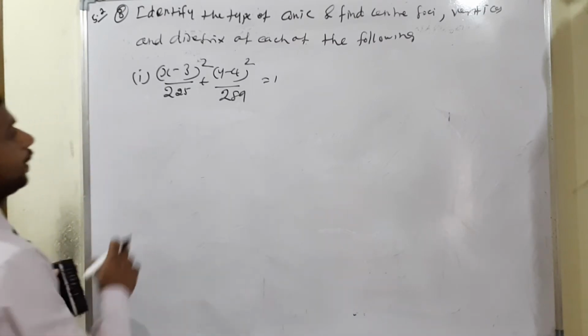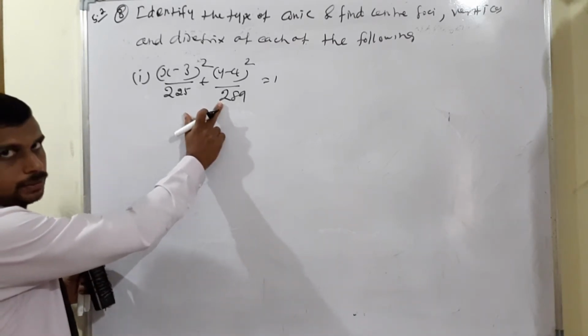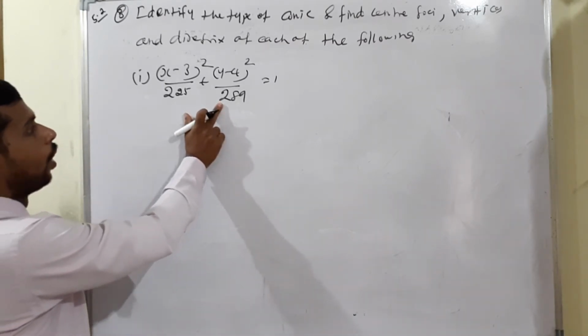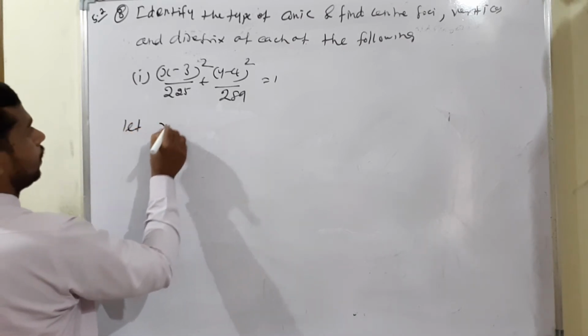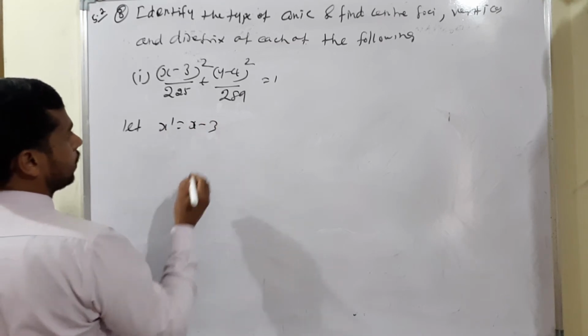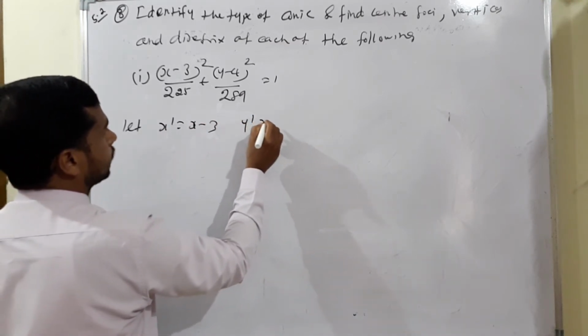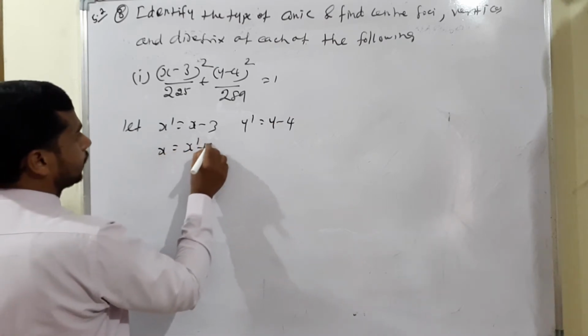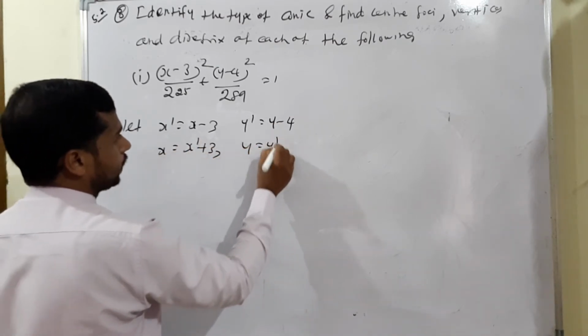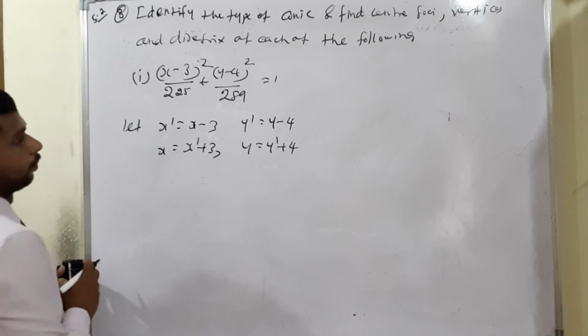So this is major axis parallel to the y axis, isn't it? So I will write it. First, let x dash be x minus 3, then y dash be y minus 4. Therefore x is equal to x dash plus 3, then y is equal to y dash plus 4.